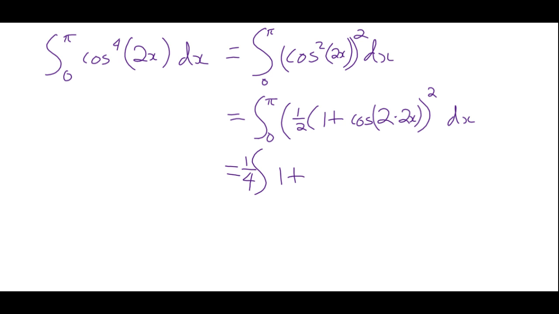Okay, so squaring that, I do an imaginary FOIL when I square these things, right? So I think 1 plus cos 4x plus another cos 4x, so 2 cos 4x, plus cos squared 4x dx.